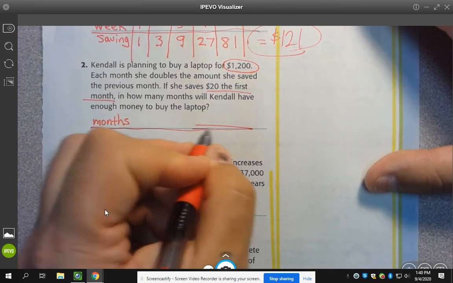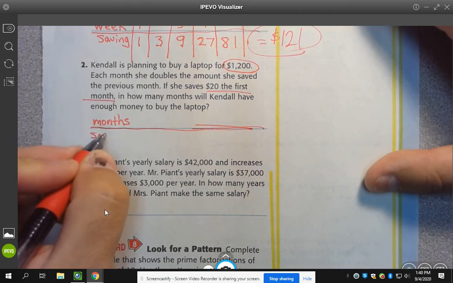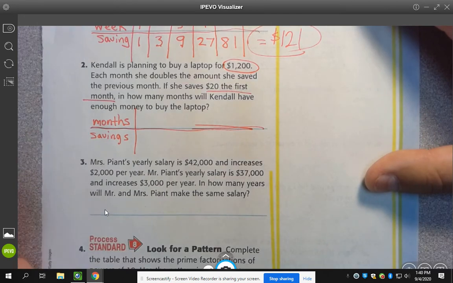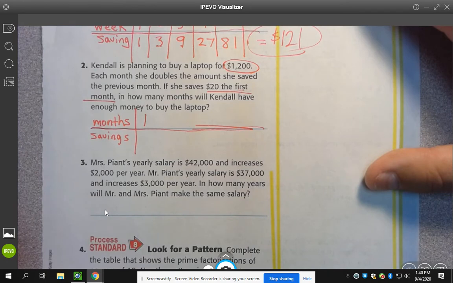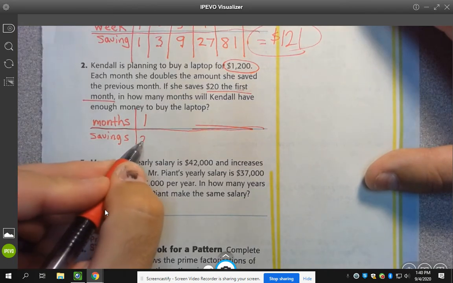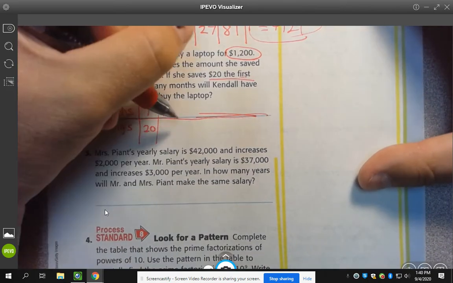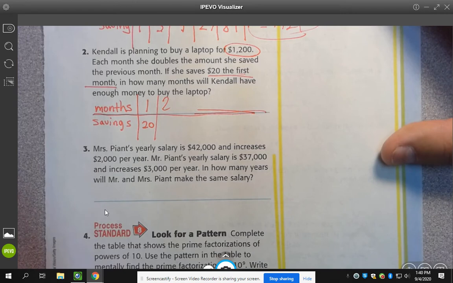And it says she saves, right? So should we put savings here? Okay. So we have, I guess it looks like a first month. So let's put first. How much did she save there? Okay. So second month, how much is it going to be if she doubles it every month, the previous month?